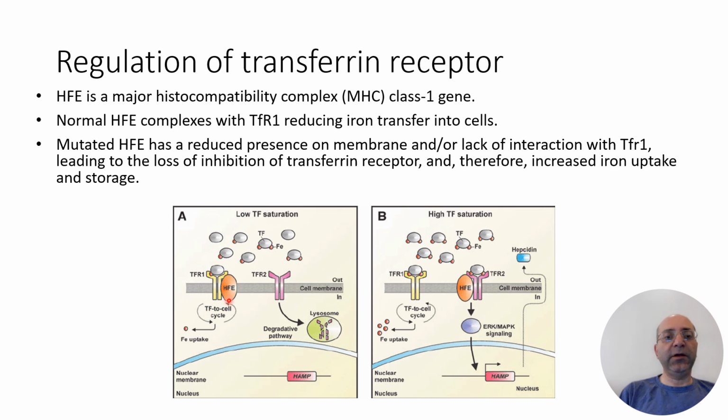HFE زي ما حكينا, it binds, it gets released, it binds مع transferrin receptor 2, sending a signal inside the cell إنه يا جماعة في iron راح يدخل على البادي, so balance things out. هذه السيجنال اللي بتطلع من transferrin receptor 2 would result in the production of hepcidin.